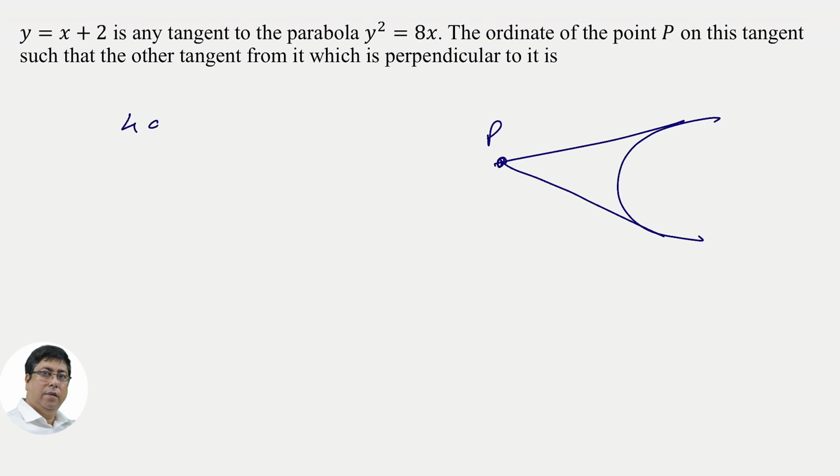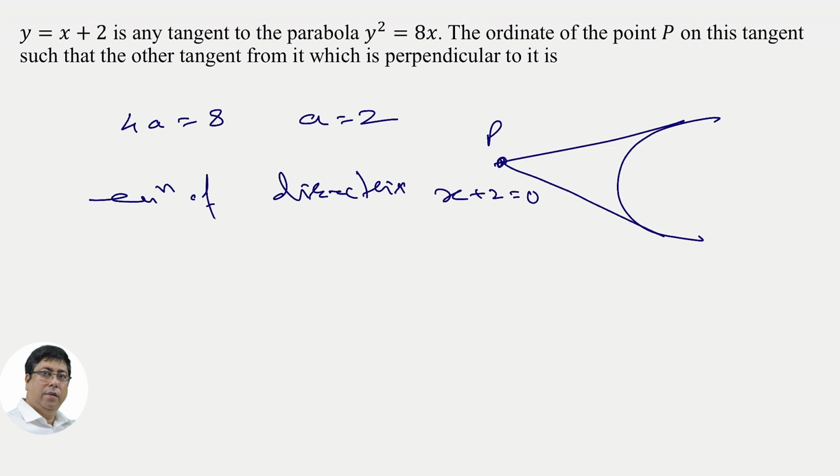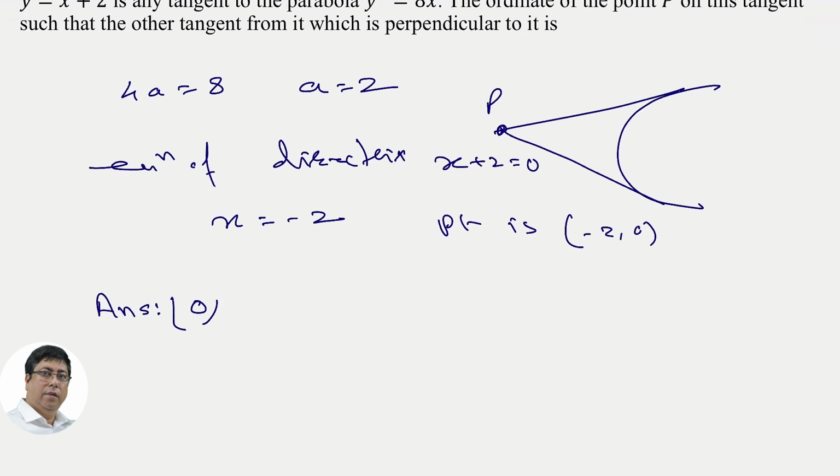So here 4a = 8, so a = 2, so the equation of the directrix is x + 2 = 0, therefore x = -2, therefore the point is (-2, 0). So this is an integer type sum. In this case we have to get the ordinate, which is 0, so the answer is 0. Let's go to another integer type sum.